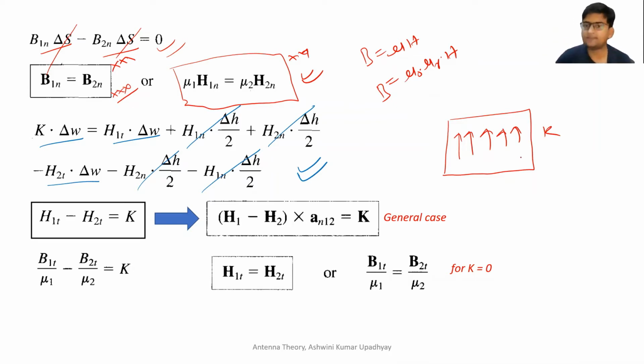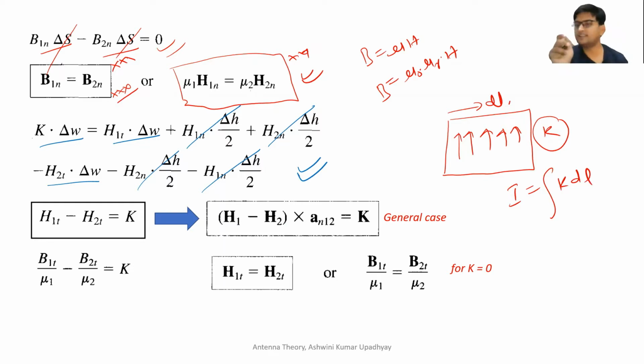So actually what happens is, if K is the current density which is flowing on the surface, then the total current I on this surface will not be a surface integral, but it will actually be the line integral of K with respect to the line dl, right? Why so? Because current is not like charge.